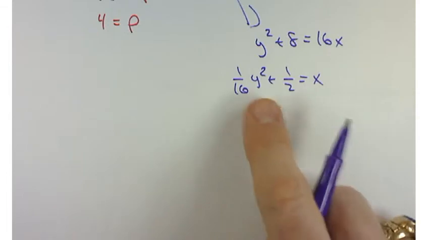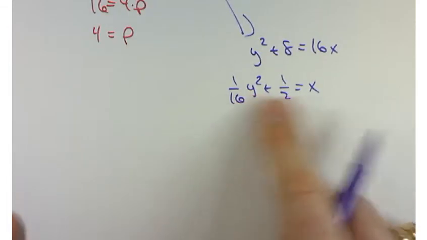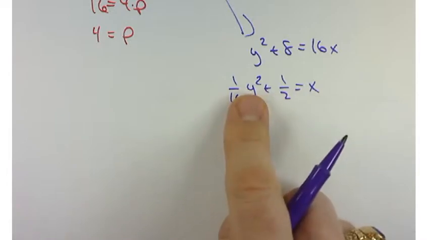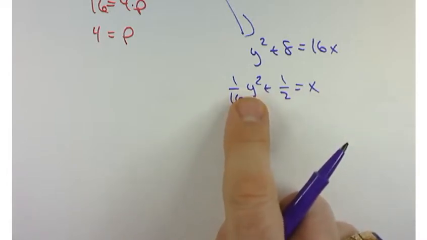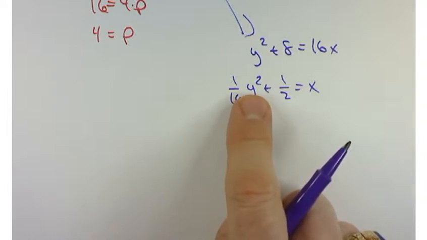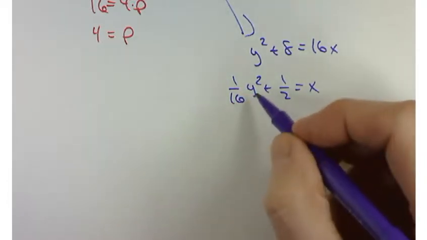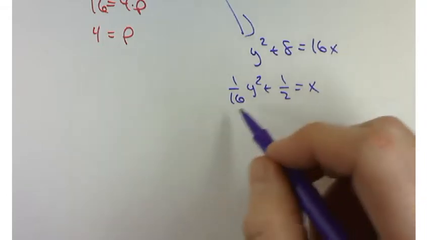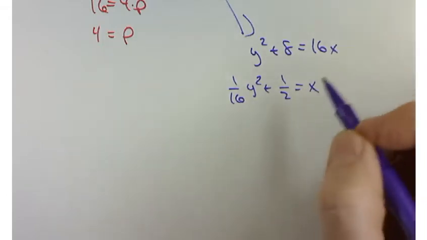We've already graphed 0 for y, gave me 1/2 for x. But there's another easy point that I can plug in here. And that would be when y equals 4. Can you see why y equals 4 is going to be easy? 4 squared is 16. 1/16 of 16 is 1. 1 plus 1/2 would be 3/2.